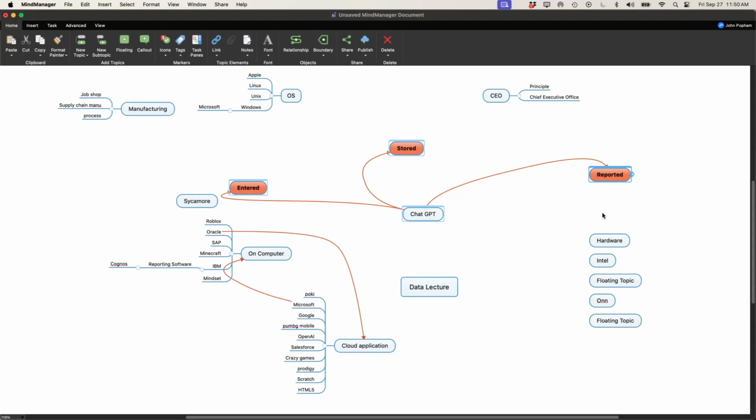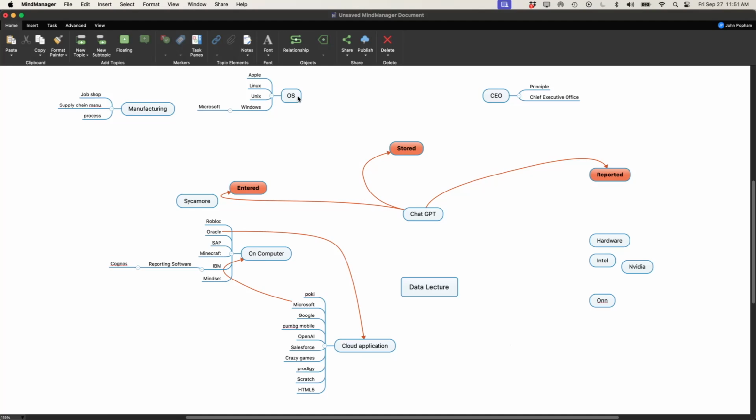Some other terms that'll come up in this whole architecture is the concept of hardware. So things like Intel hardware, things like NVIDIA. You've probably heard of that one. They're in the news today because they're very popular. They make the GPU processors that you all probably use for some of your games, right?